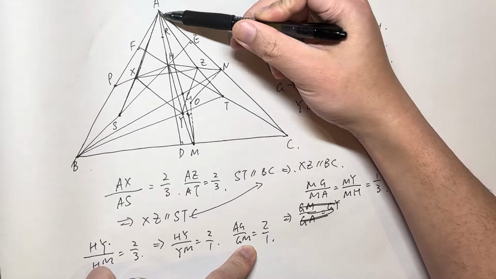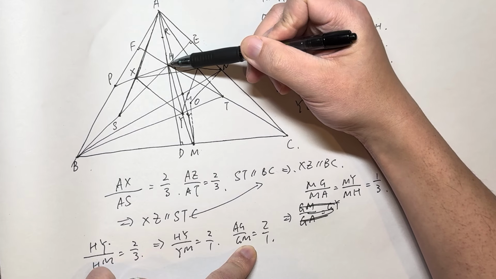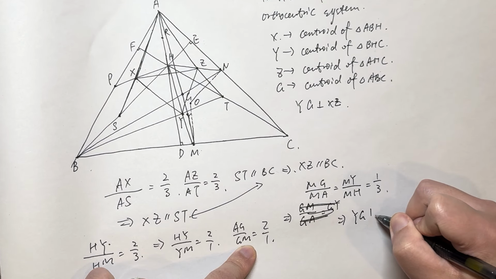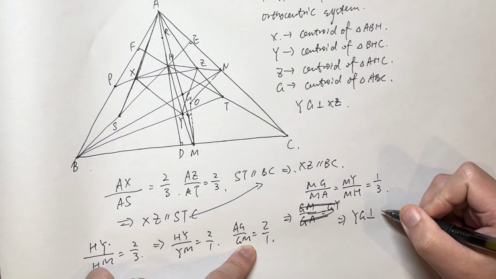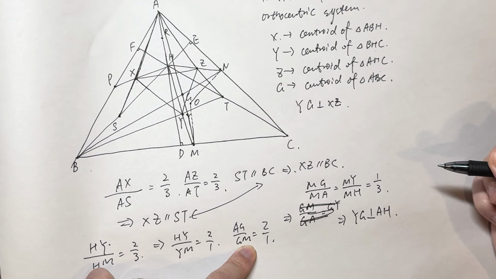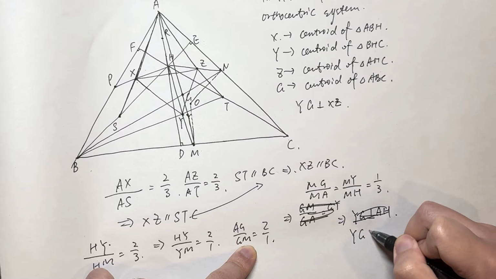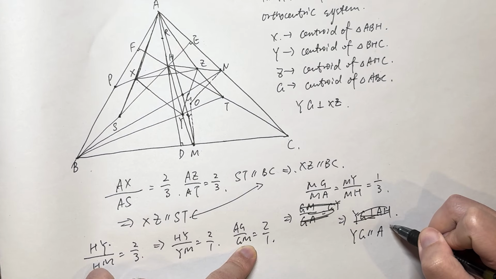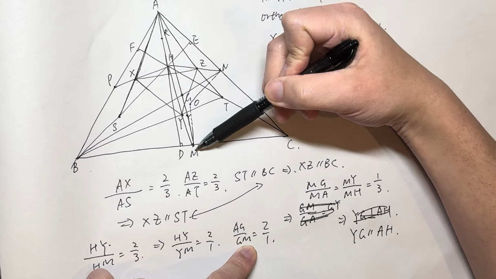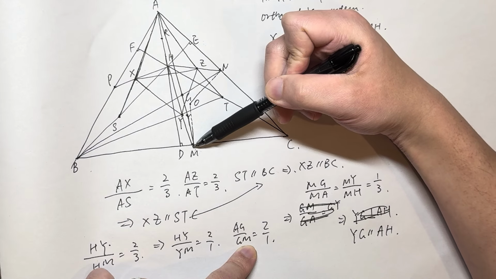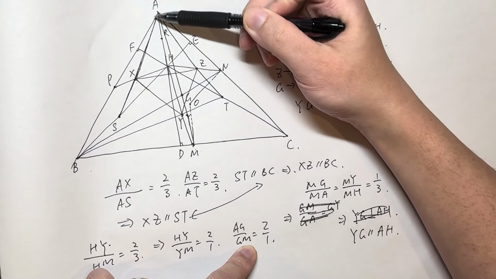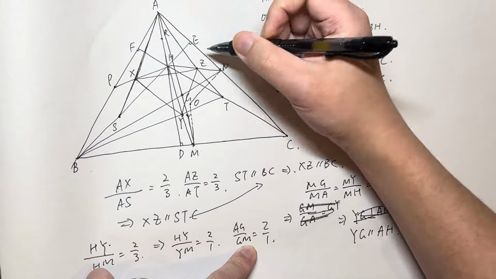Which means YG is parallel with AH, because MY to MH equals MG to MA. So we know that YG is parallel to AH, okay?